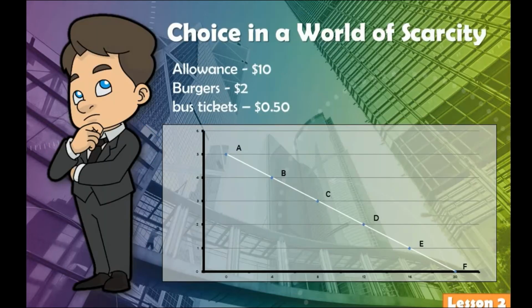Okay, then, next, in our lesson 2, which is the choice in the world of scarcity. If you read the syllabus, meron tayong example dyan. Siya ay si Alfonso. Si Alfonso, meron siyang allowance na $10 per week.